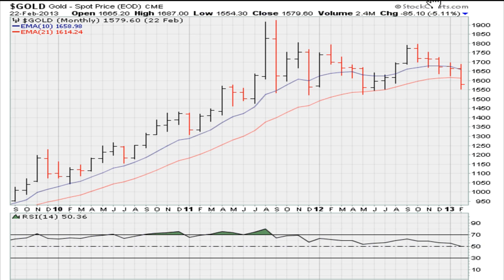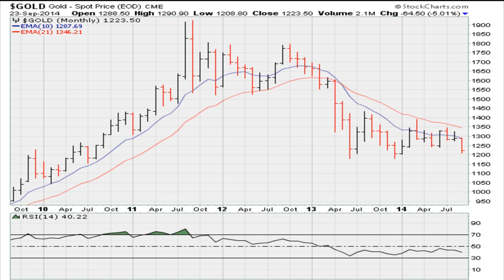Let's see what happened since then, and you can see that you had a major drop. So from the break point there, which happens to be this period right there at about 1600, gold would go on to trade as low as 1200, just because you observe that break in the monthly RSI.